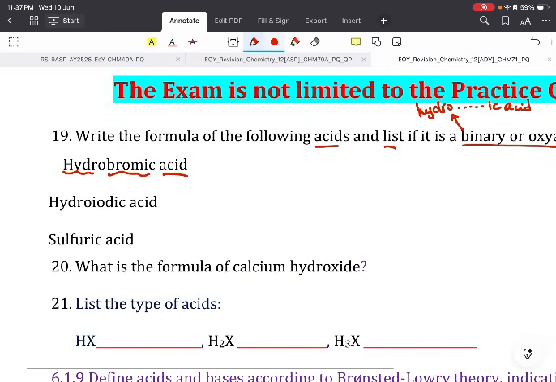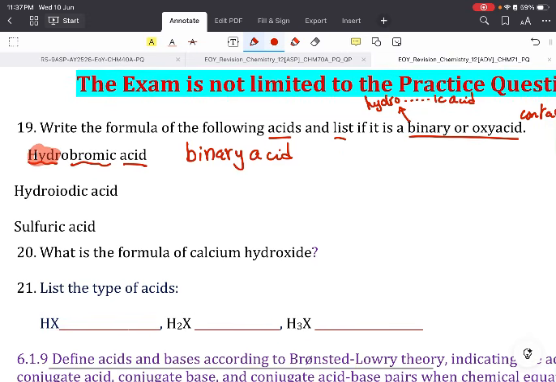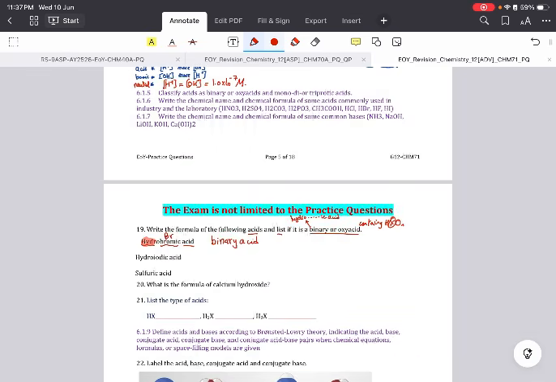Now you're gonna see I have here hydrobromic acid. Because they said hydro, it means this is a binary acid. Now, what will be the formula of hydrobromic acid? Bromic is the Br, the bromine.